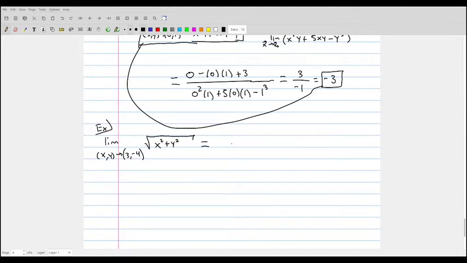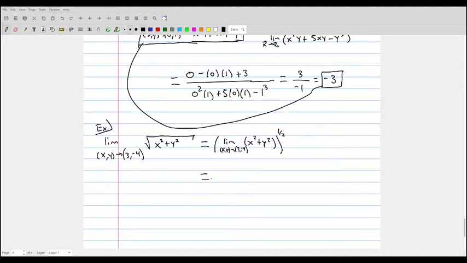This is going to be the same thing as, we can use the root limit law first. This will be the limit as (x, y) goes to (3, -4) of x squared plus y squared, all to the 1/2. This is applying the root limit law, and then you have the sum limit law and the power limit law you can apply.